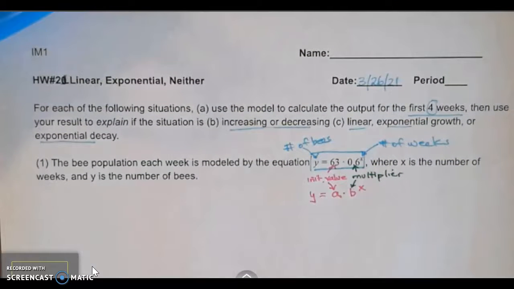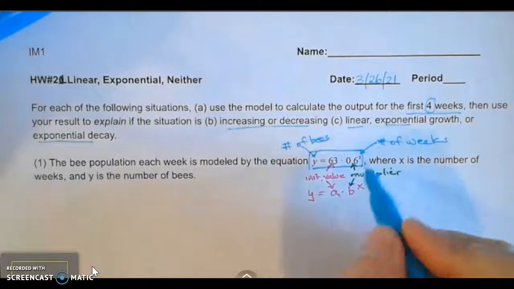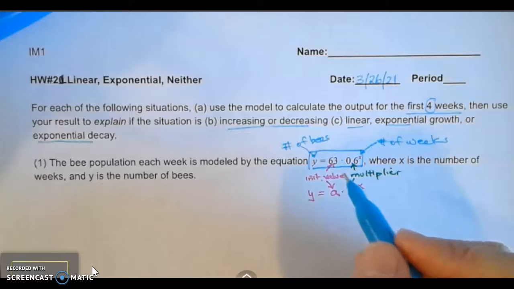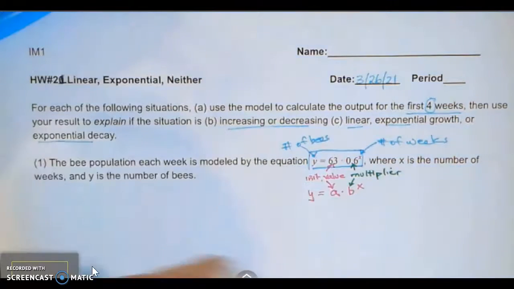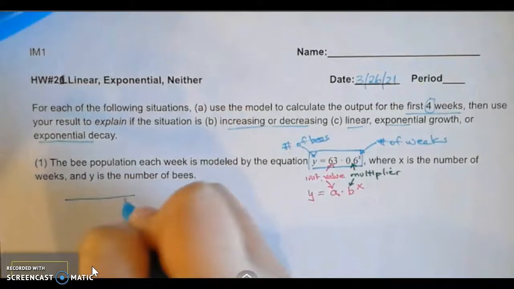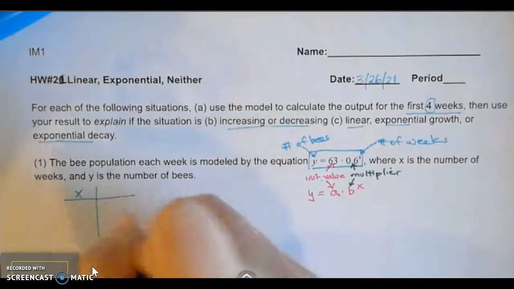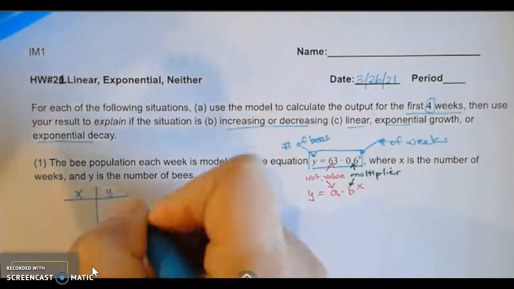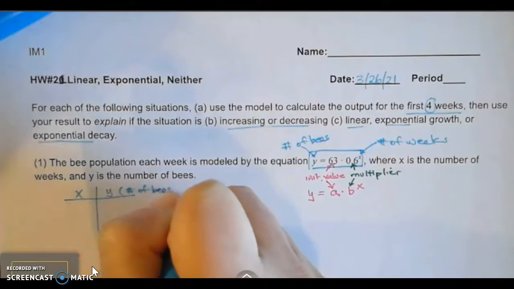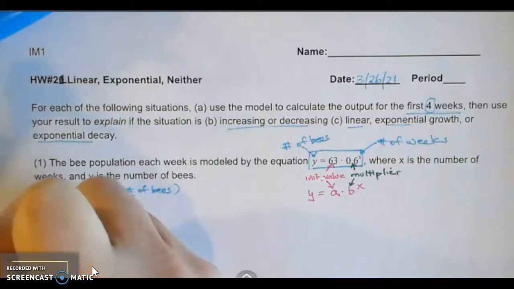Okay, so to figure out the first 4 weeks of the value, we have two different ways. We could create a table, or we could do it algebraically. So let's start with a table. This is going to be my x, and this is going to be my y. y is the number of bees, and x is the number of weeks.